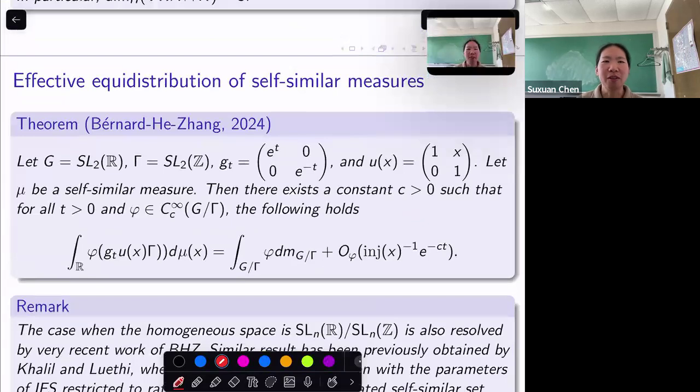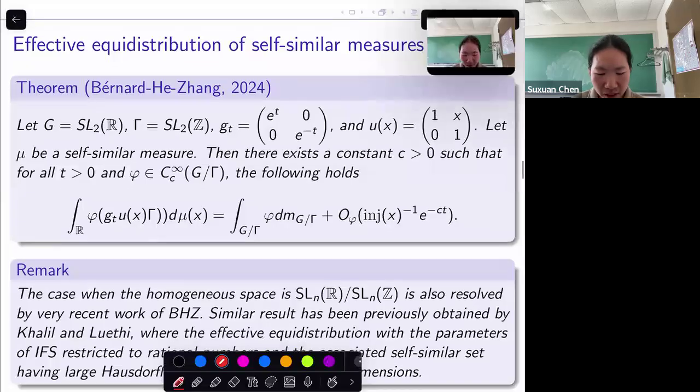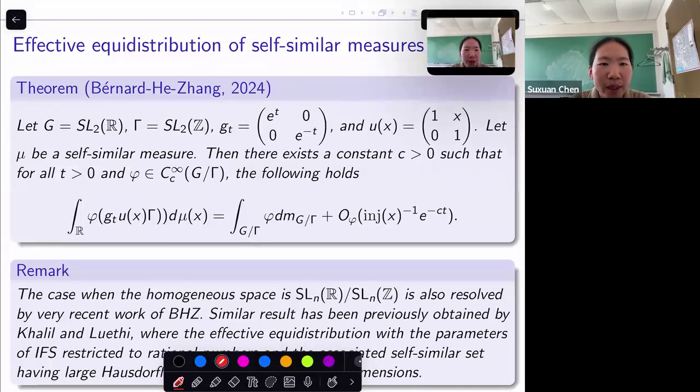Okay, the proof of our theorem relies on the effective equidistribution of self-similar measures. So here we state this result by Bénard, He, and Zhang in 2024. Let G be equal to SL2R, gamma be equal to SL2Z, and G_t be the one-parameter diagonal matrices with e^t, e^{-t} in the diagonal entries, and U_t be the one-parameter unipotent group with x in the upper right corner.